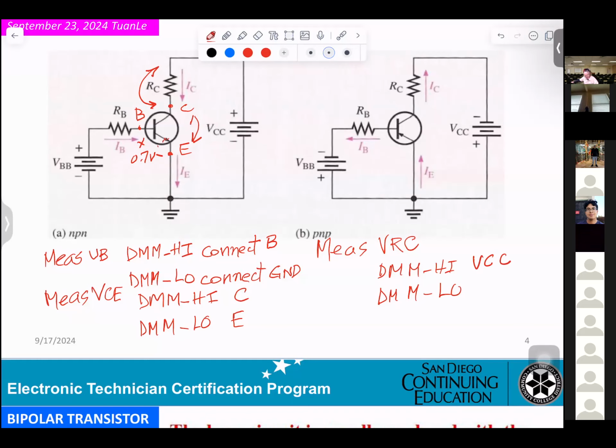I want VRC. That means from here to here. So you say the high side connect to VCC. Okay. What about low side DMM?